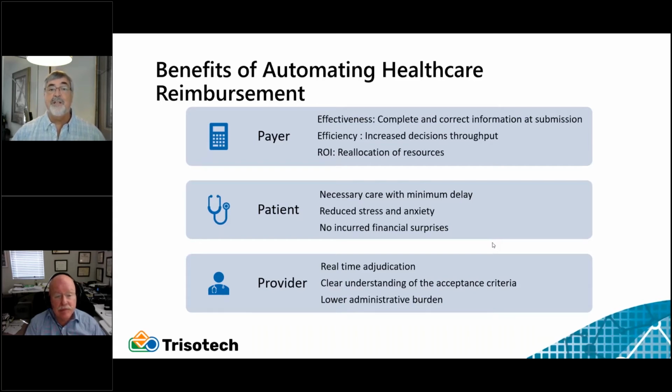So it's not like suddenly you find out that you're not going to be reimbursed for that service. From the provider point of view, you have real-time education, clear understanding of the acceptance criteria, and lower administrative burden.